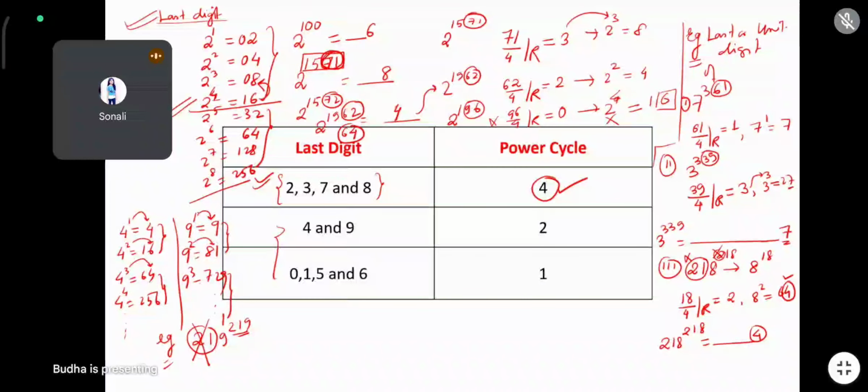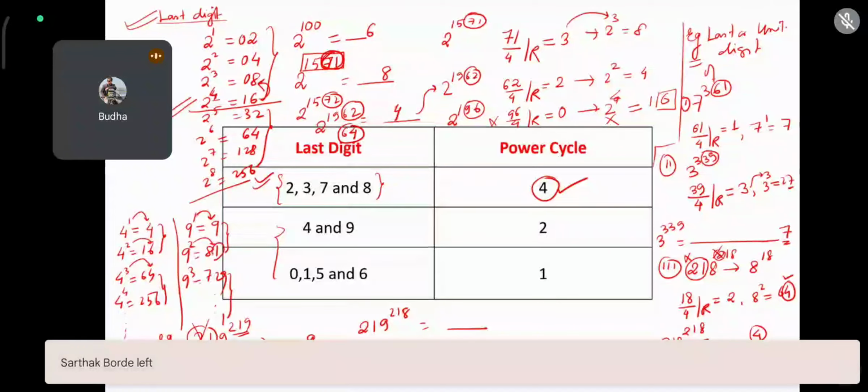So when power is odd, for 9, answer will be 9. See? Now if I ask you, what will be 219 to the power 218? Now since the power is even, your answer will be 1. खत्म.